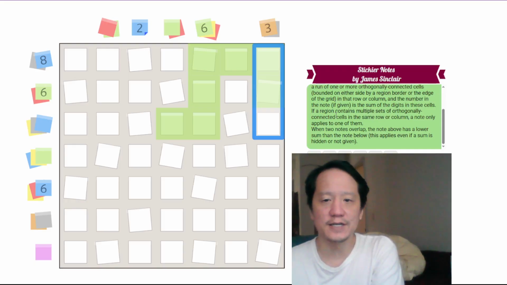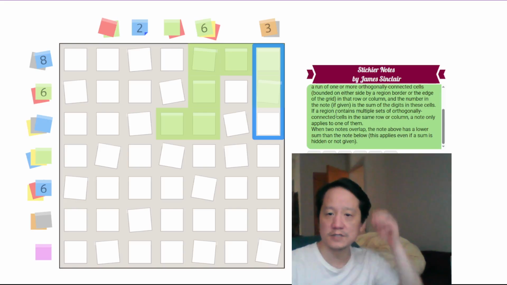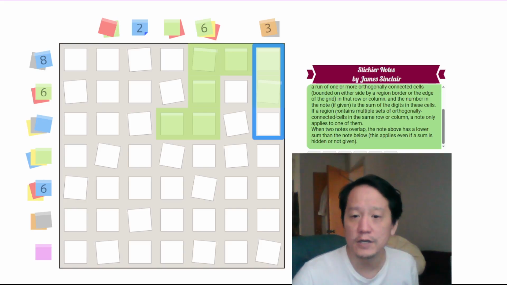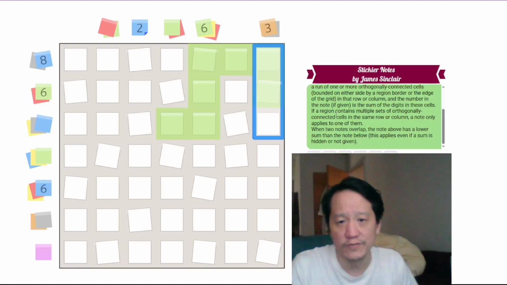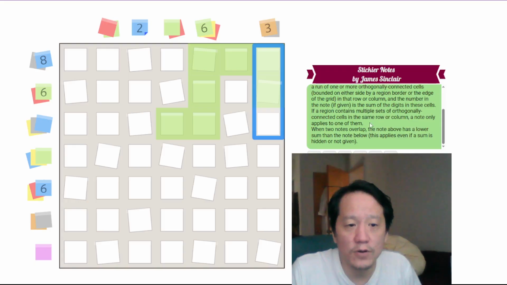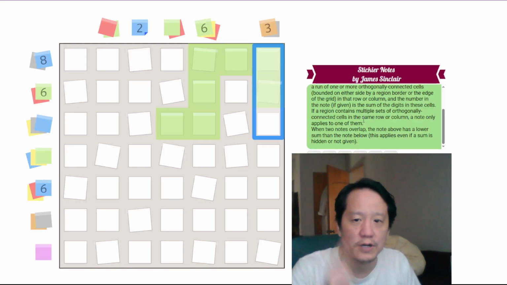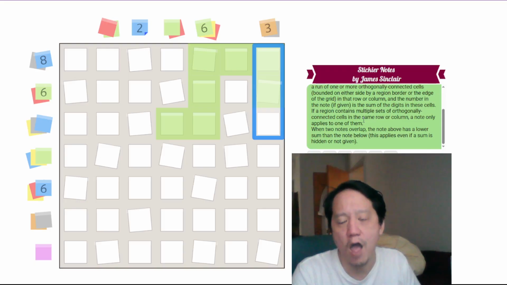If a region contains multiple sets of orthogonally connected cells in the same row or column, a note only applies to one of them. And when notes overlap, the note above has a lower sum than the note below. And this applies even if a sum is hidden or not given.